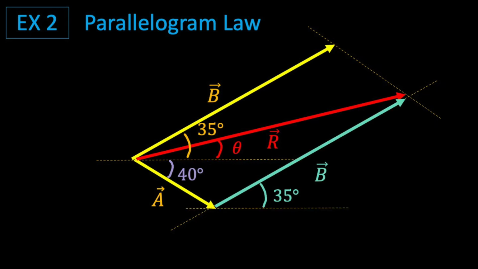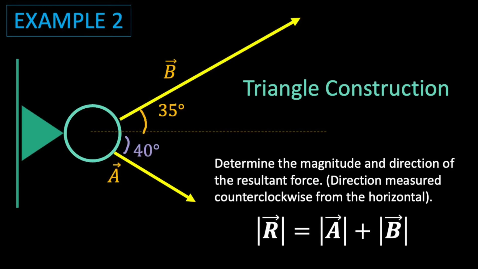Using our parallelogram, we know that the side opposite our vector B must also be equal to B. This gives us a triangle, which lets us use trig to solve for R, like we did in our last example. Using triangle construction, we can skip some of the steps we used to get to the triangle.